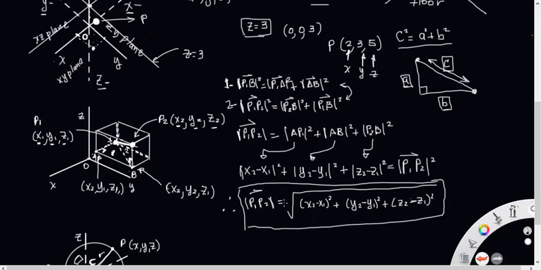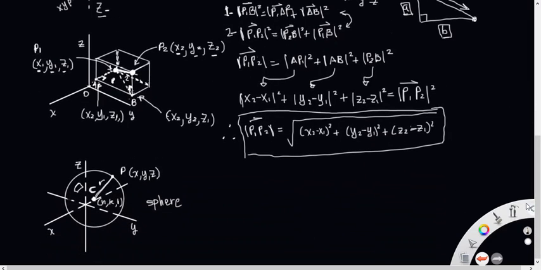Please take note of this formula. We are going to use it a lot during this course and all future courses, especially when we work with physics. You will apply this calculation a lot because this is the formula for the distance. And this notation between these two vertical bars is the magnitude or the modulus of any vector, and you are going to see it represented in this way.